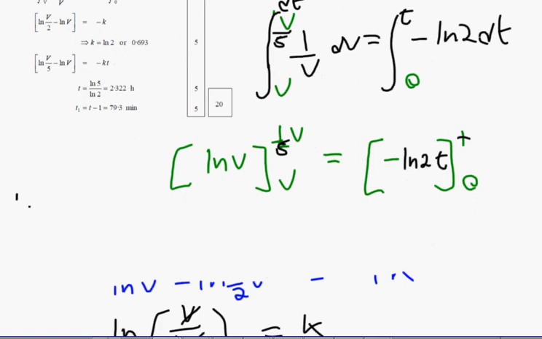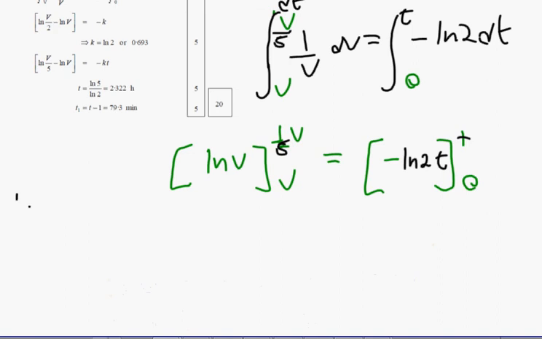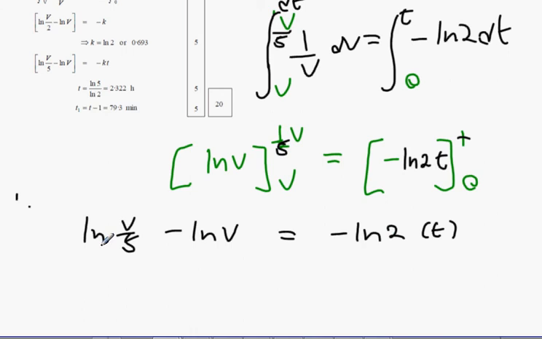Then you put this into the calculator, so you get ln V over 5 minus ln V equals minus ln 2 multiplied by t. And t is still t there. Then we multiply both sides by minus 1 like we did last time, so it's ln V minus ln V over 5 equals t times ln 2.